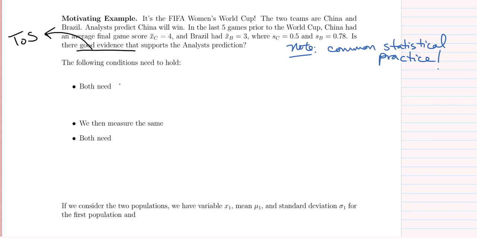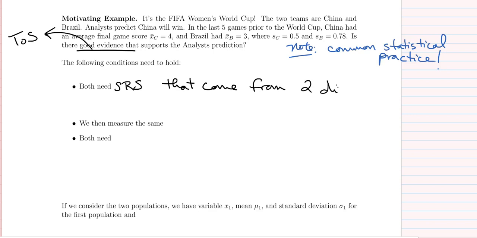So first, both populations, and in our example we have China and Brazil, need to be independent. Which means that we have two simple random samples that come from two distinct populations, and these populations need to be independent.